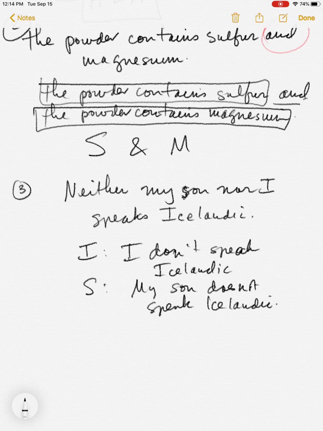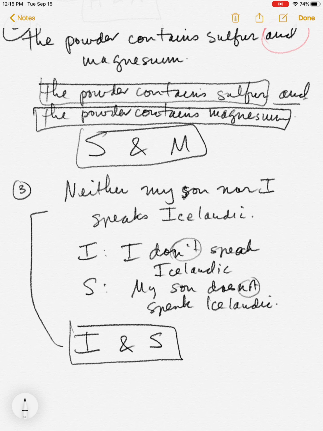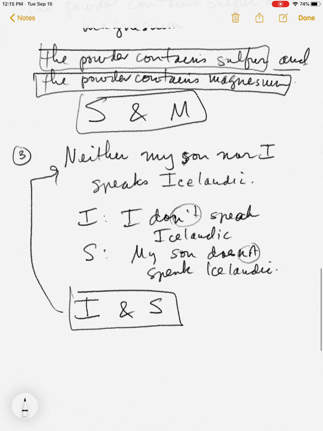And so the whole thing becomes I don't speak Icelandic and my son doesn't speak Icelandic. We could actually go further and get this not out of there, but we haven't talked about not yet, so I'm just going to leave it in there for now. Okay, so that's a translation of this sentence. Again, it does not contain the word and.